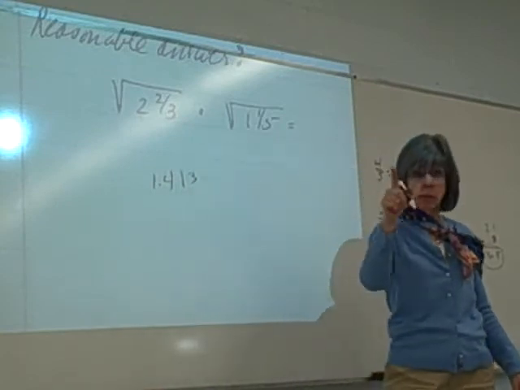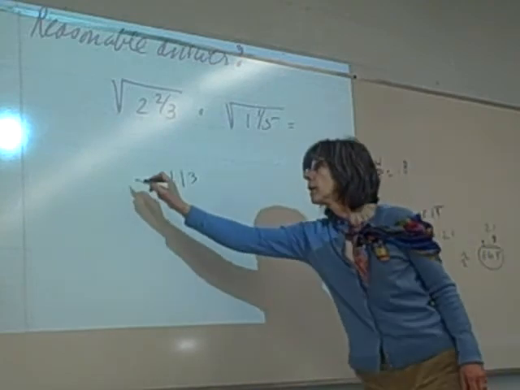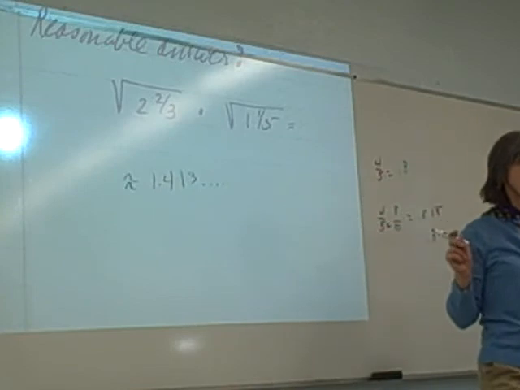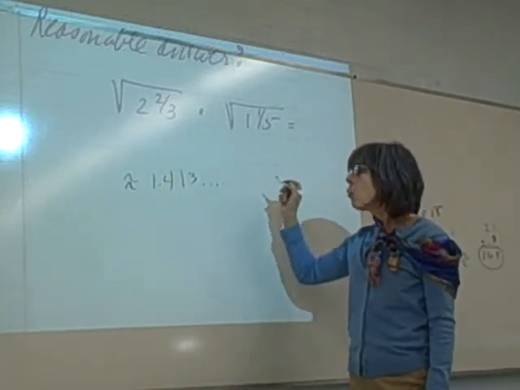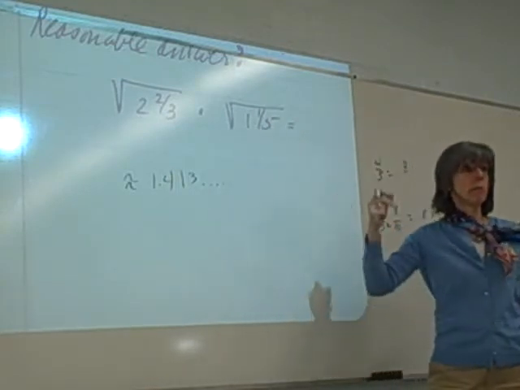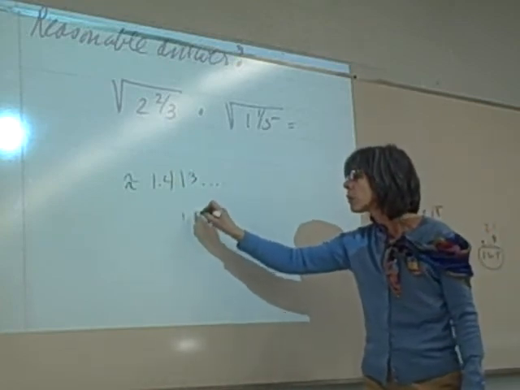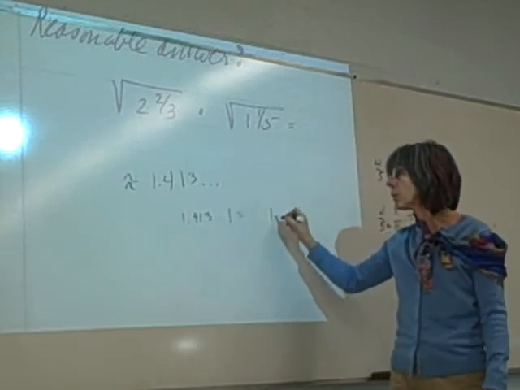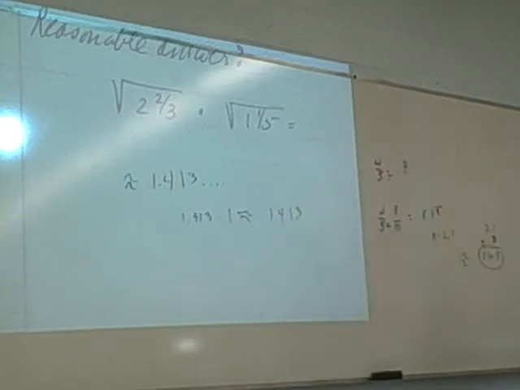All right, and I didn't even ask you to go out to the hundredths place, but you should know that the square root of 2 is an estimate because it's an irrational number. Okay. And so, what is the square root of 1? 1. Okay, so 1.413 times 1 is going to be what? 1.413. And this is just a gross estimation.